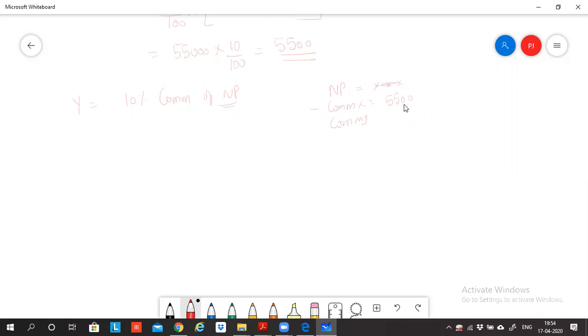This is 55,000 rupees, correct? So he's telling that Y will get commission on which net profit? This net profit is 55,000 minus 5,500 minus Y's commission. But I don't know Y's commission, no?